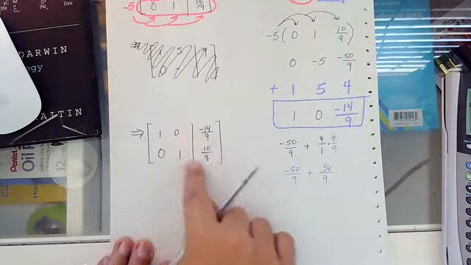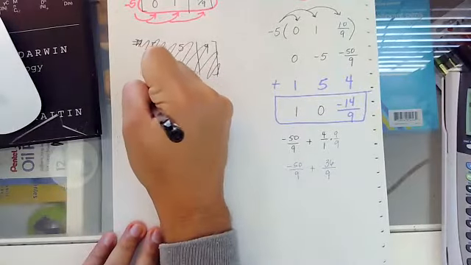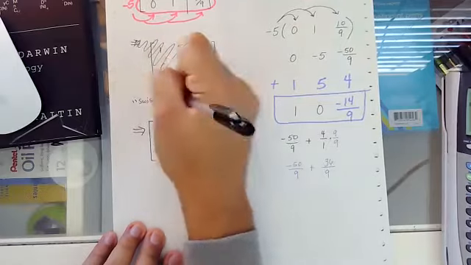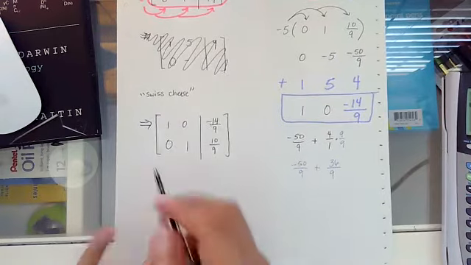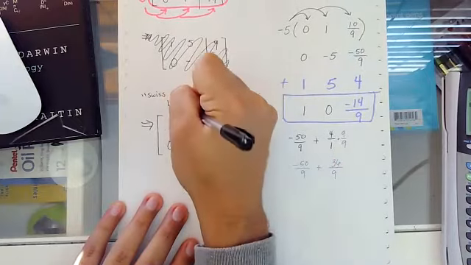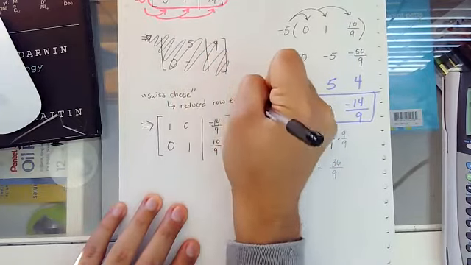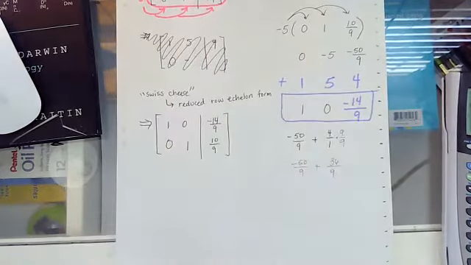But what we call this, when we have a matrix that looks like Swiss cheese, so we process down the matrix, doing all of these seemingly random row operations, and then we end up with Swiss cheese, which is what I like to call it, because mathematicians call it reduced row echelon form. But we can just call it Swiss cheese.